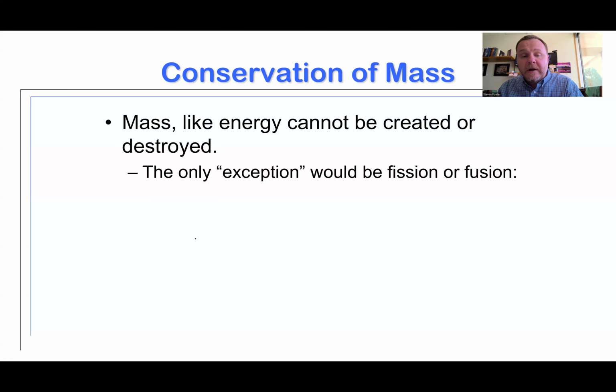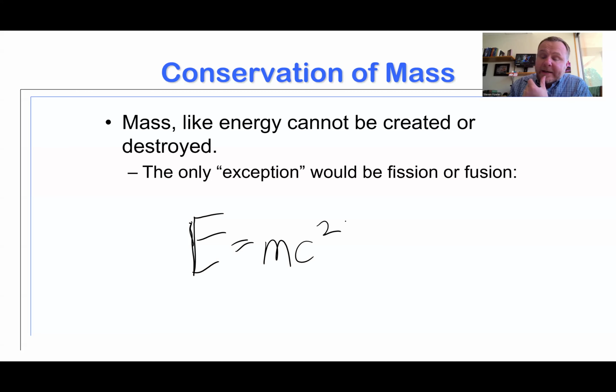Our good friend Albert Einstein, it's a bit of an oversimplification here, but it's correct to say that Einstein essentially came up with the understanding that if I have a fusion or fission reaction, and I basically destroy mass or convert mass into energy, the amount of energy released is the mass times the speed of light squared.